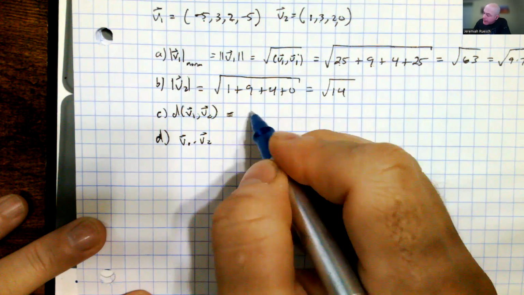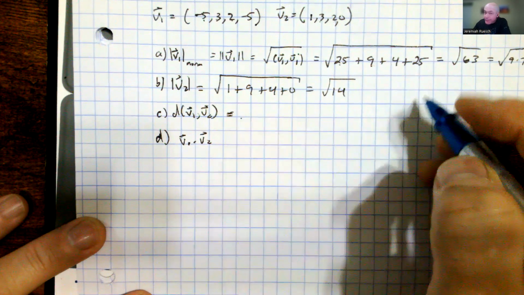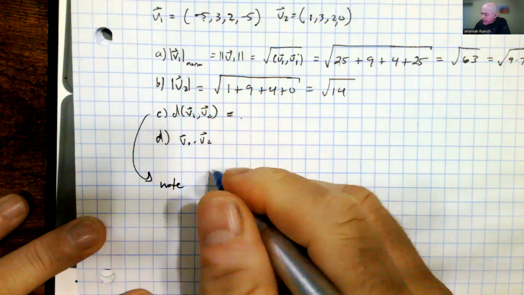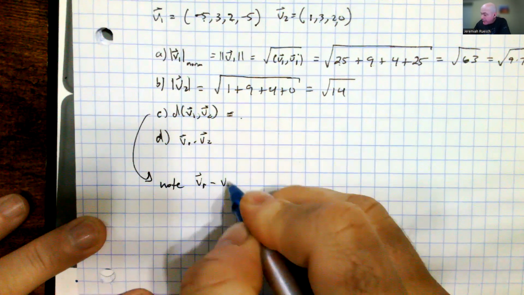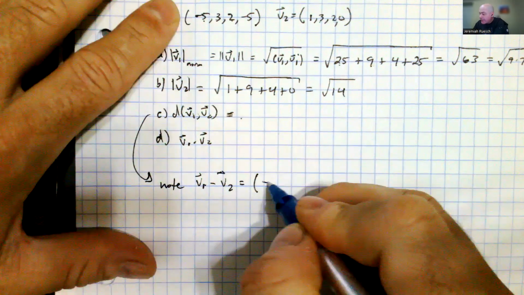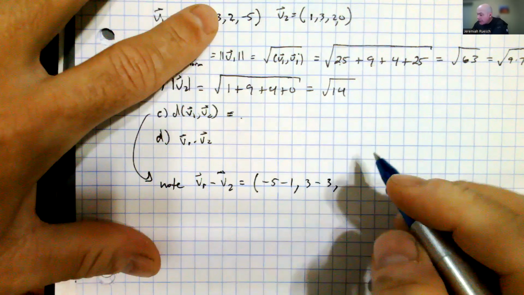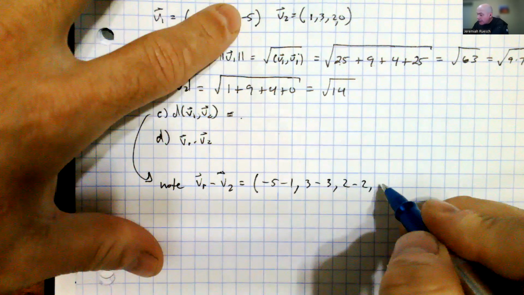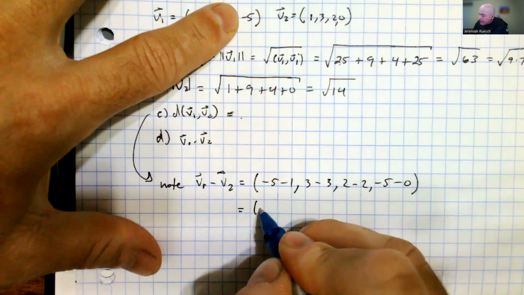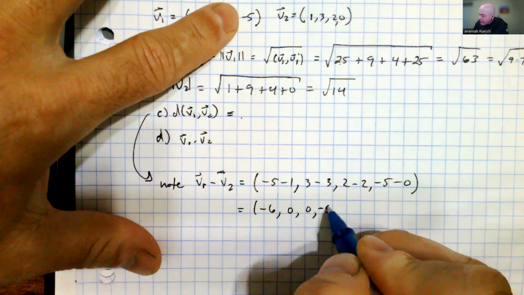V1 minus V2 is equal to subtracting them component-wise: -5 minus 1, 3 minus 3, 2 minus 2, and -5 minus 0, which gives us -6, 0, 0, and -5.